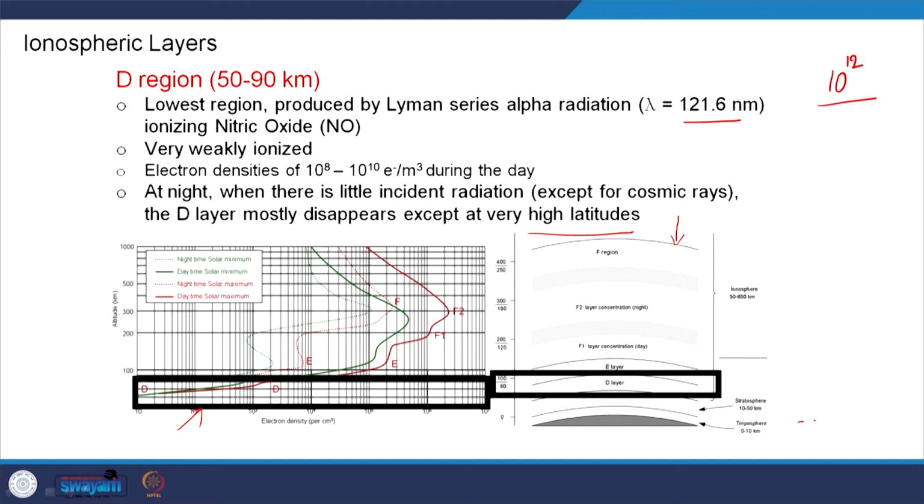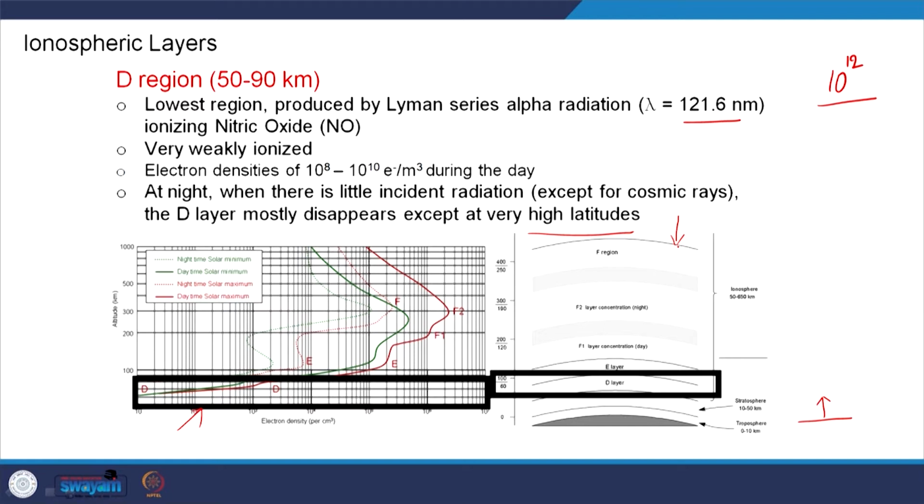From the bottom, the neutral densities are decreasing exponentially. So, incident radiation encounters a lot of gases in the atmosphere as it travels towards the ground. The amount of energy carried by the incident solar radiation also decreases as it encounters more and more neutral atmosphere.